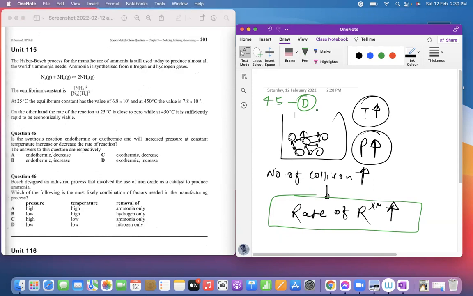Okay. What about 46? The question is here: which one is the best method for the formation of ammonia?